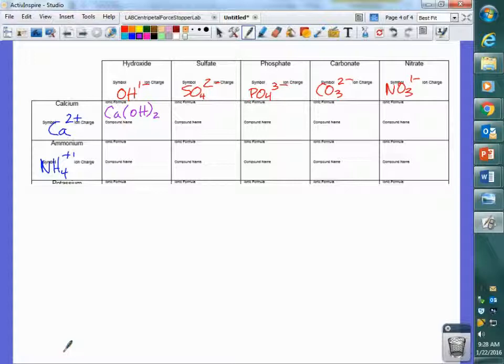Even though each individual charge is 2, the ratio between them is 1 to 1. So calcium sulfate. If you don't need more than 1 sulfate, you don't use the parentheses.